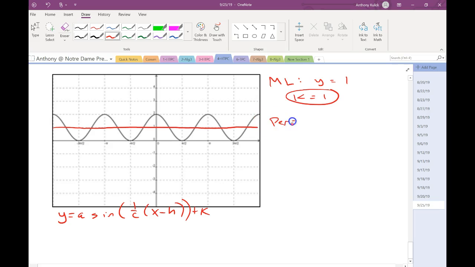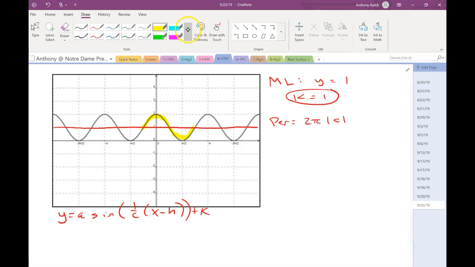The period. Finding C. What's the period in this case? So if I start from minimum and get back to minimum, that is 1 period. You guys agree with that? Or if you are more comfortable, you could start at the midline, do an up and a down and end back at the midline.